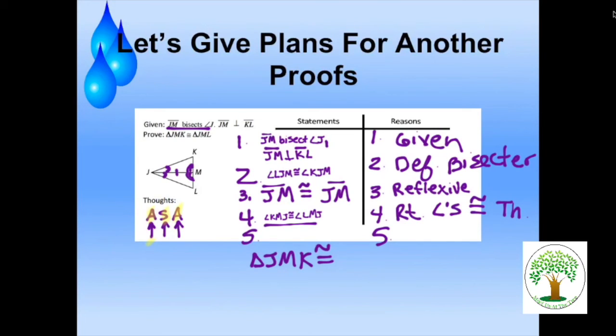The only difference is I'll have an angle symbol at number 4 and a triangle symbol at number 5. Technically that's the same thing, except you're writing a triangle instead of an angle. That's correct. Reason: angle, side, angle.